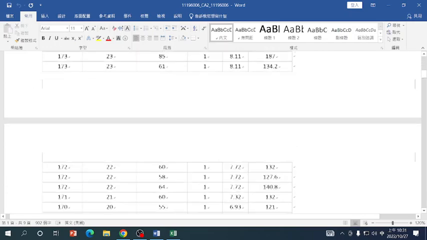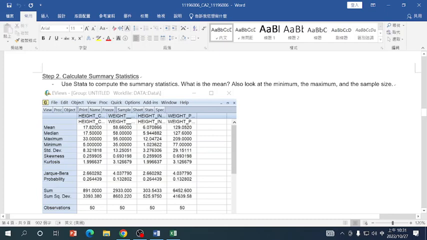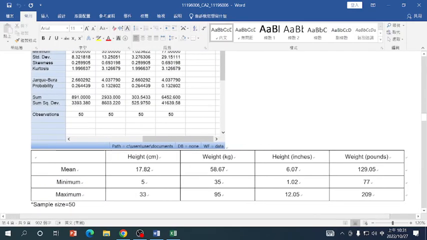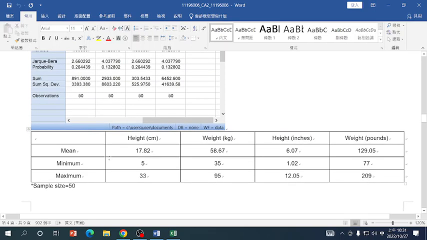And here's just the data, and then we had the height and weight for the minimum, maximum, and the sample size. We didn't separate into two groups like male and female; we just put the two genders in one. The mean for height in cm is 17.82, and the weight in kg is 58.67, and the height in inches is 6.07, and the weight in pounds is 129.05.